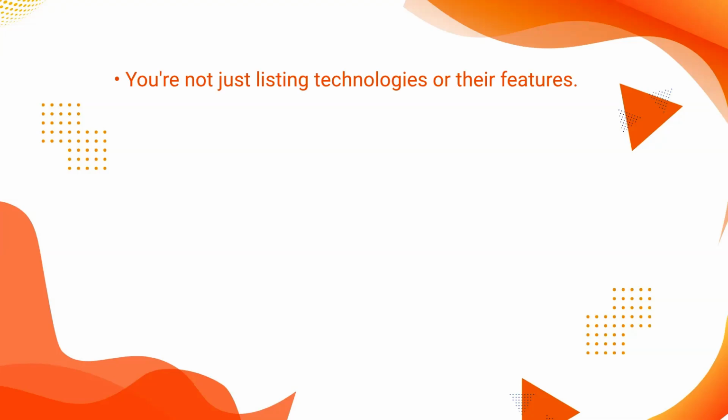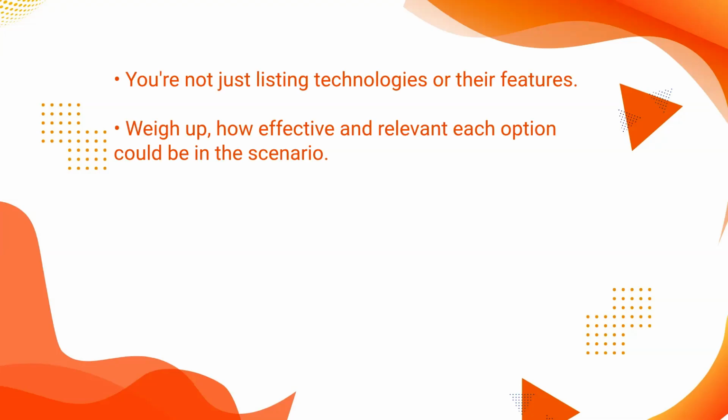All right, now let's get into what it means to make judgments, not just descriptions. You're not just listing technologies or their features. Instead, weigh up how effective and relevant each option could be in the scenario. Use words that show you're evaluating. Maybe you'll talk about how well a particular technology might help address problems like high employee turnover, poor communication, or dissatisfaction.